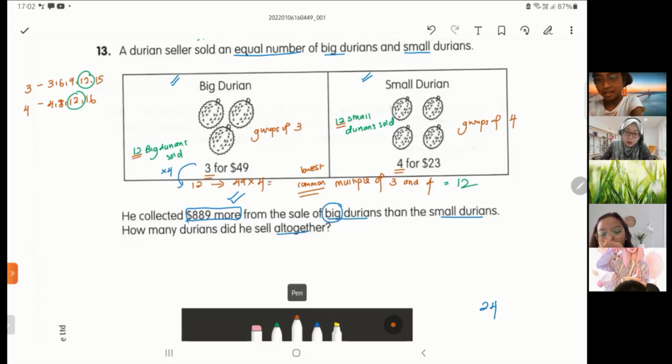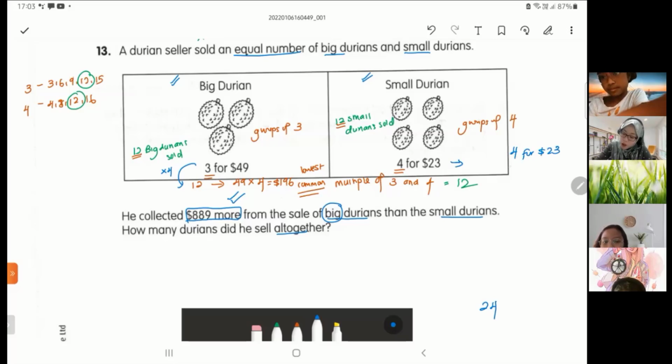So 49 times 4 equals $196. Now, next one. So 4 is for $23. I will rewrite here, 4 for $23. I want to find 12. 12 will be 23 times 3. Why is that so? From 4 to 12, I times 3, which equals $69.